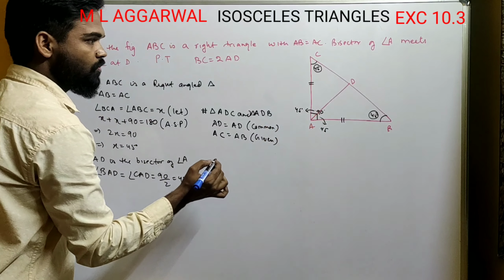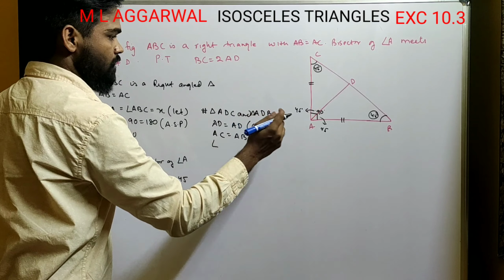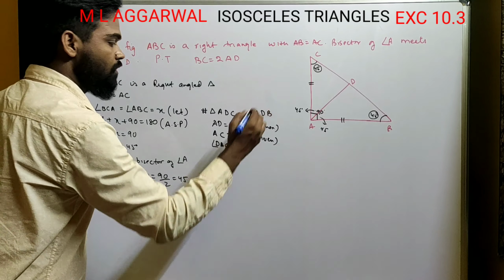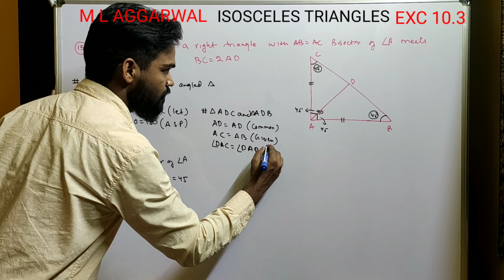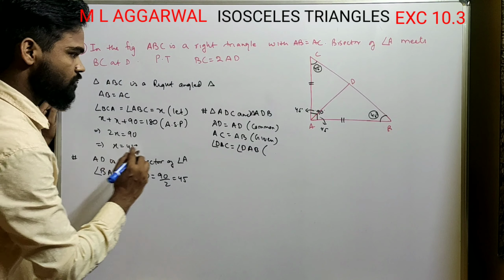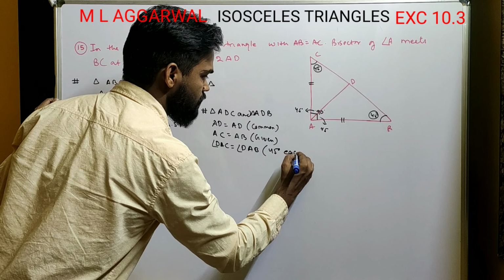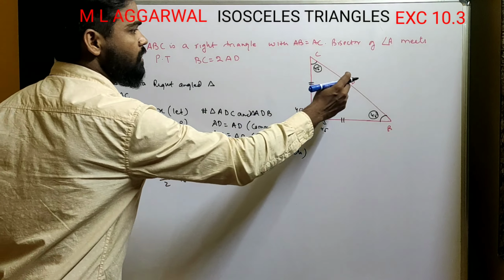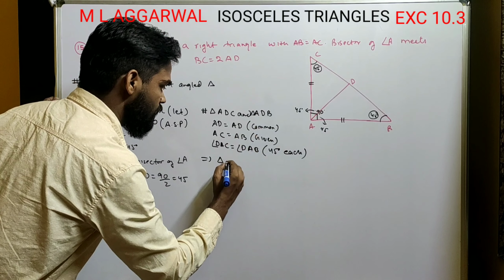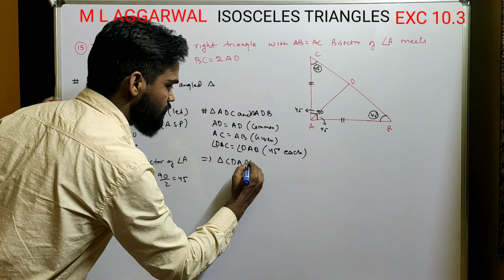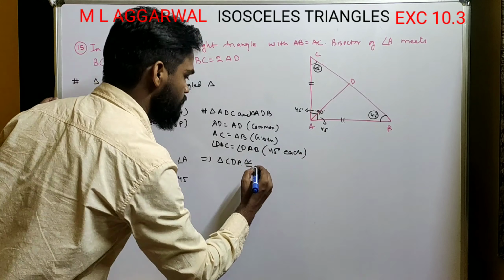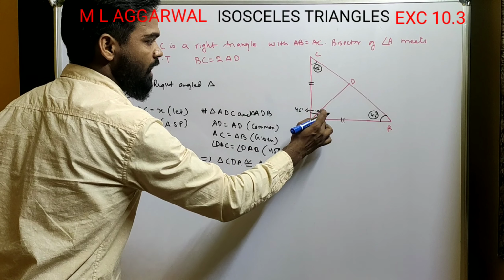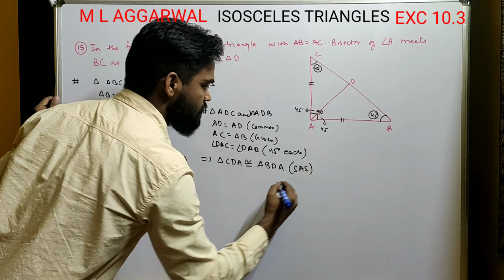And this angle and this angle are equal, which means angle DAC is equal to angle DAB, 45 degrees each. Just now we got 45 degrees each, which means, can I say triangle CDA is congruent to triangle BDA, and the reason will be side angle side.